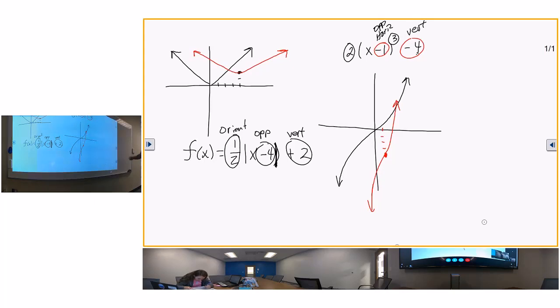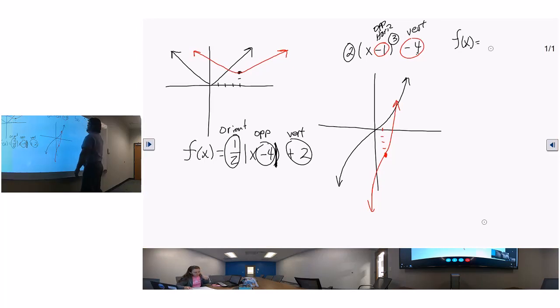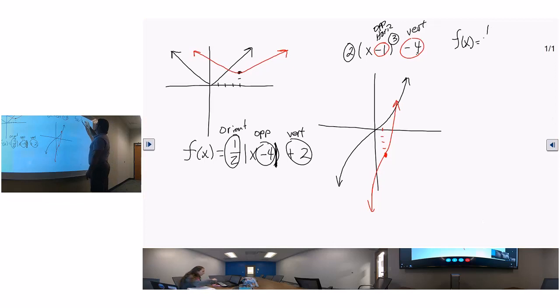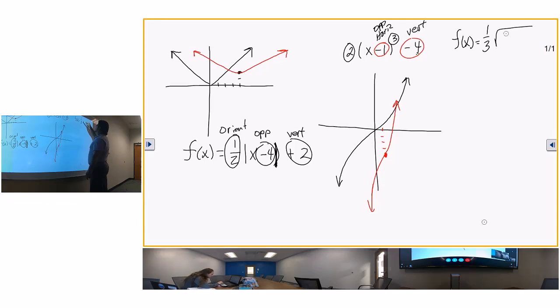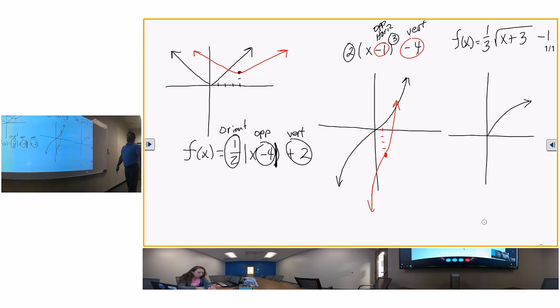All right, what's the next one? f of x is equal to 1/3 square root of x plus 3 minus 1. We know the parent graph for the square root looks like an arrow off to the right.